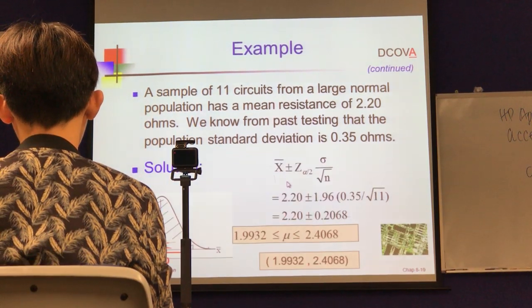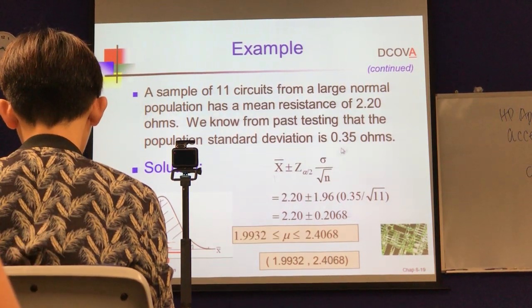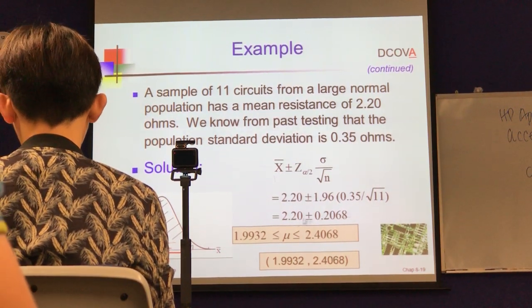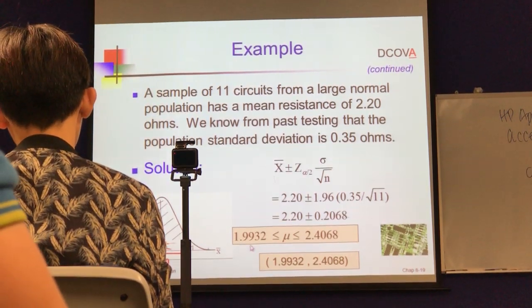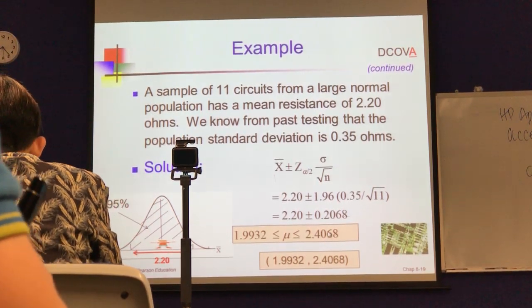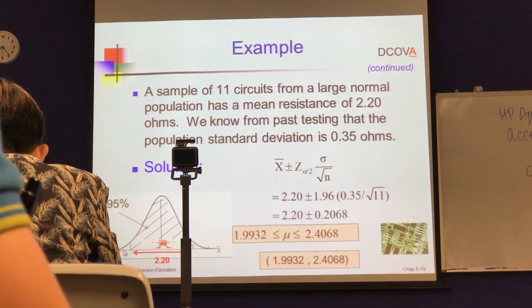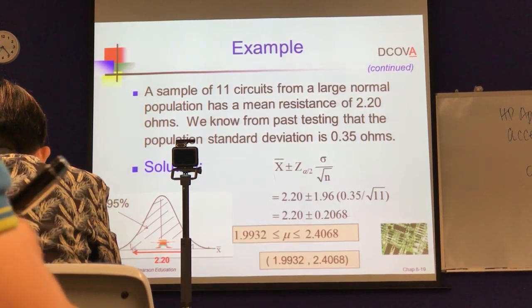So you just substitute it. 2.2 plus minus 1.96, sigma given as 0.35, over square root of 11. So this is the lower limit, and this is the upper limit. It's just like a human being over here. The lower limit for 95% is 1.9932.